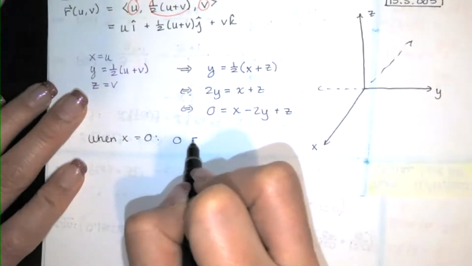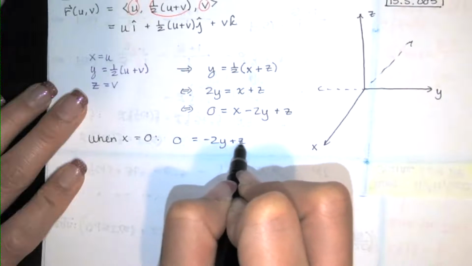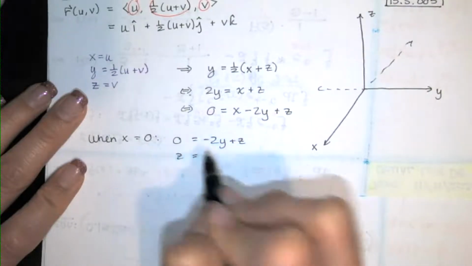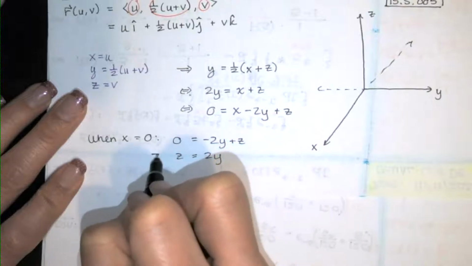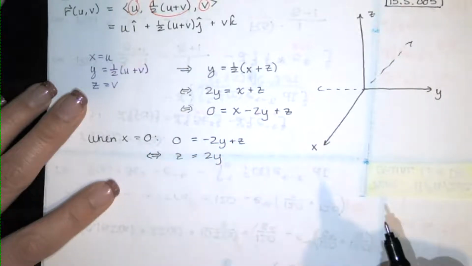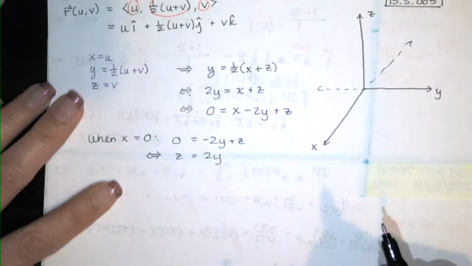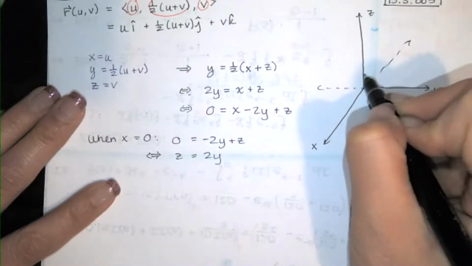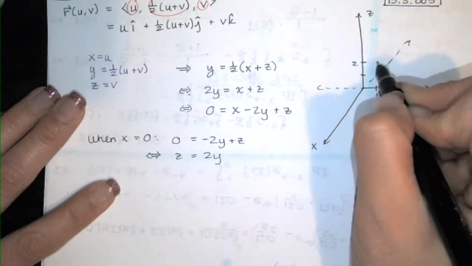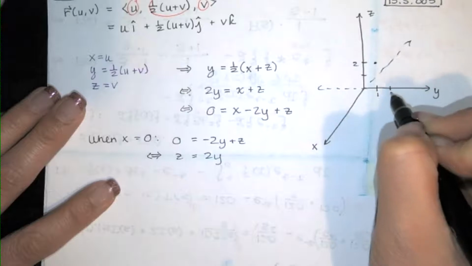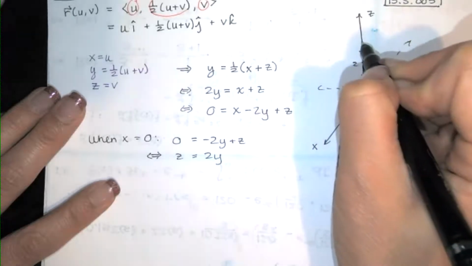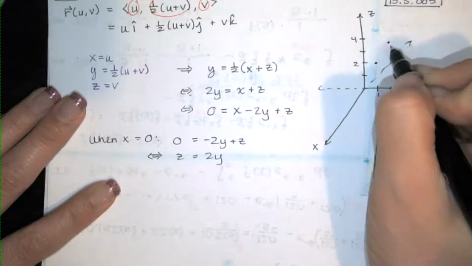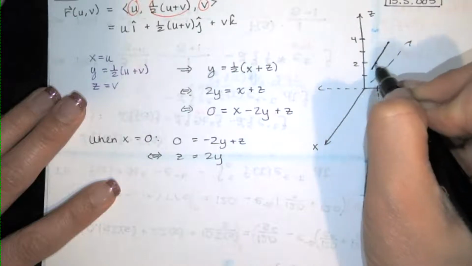Well, then we would have 0 equals negative 2y plus z, or if you add the 2y to both sides and then switch the sides, you would have z equals 2 times y. So when y is equal to 1, z would be equal to 2. And when y is equal to 2, z would be equal to 4. So that's in the yz plane. We would see something that looks like this.